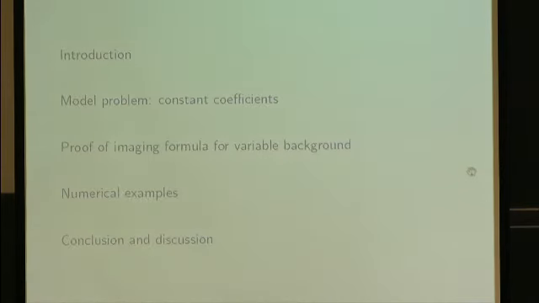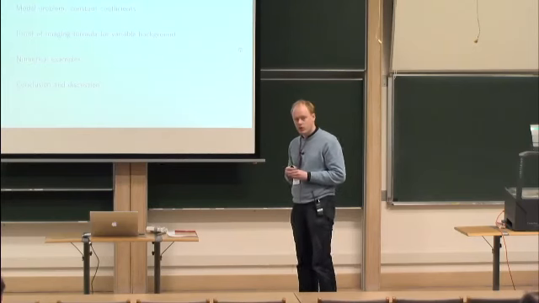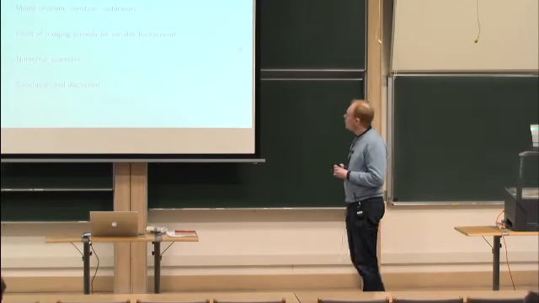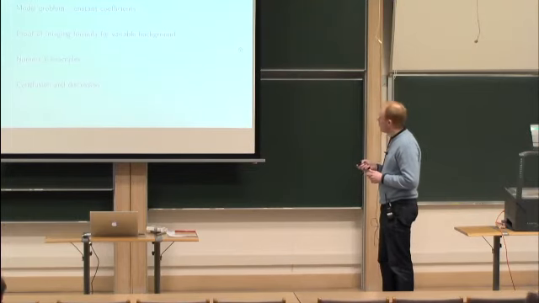And what do I tell more about it? So I have a part about constant coefficients, which is a motivation for how to get this formula for the image. I make some remarks about the proof.